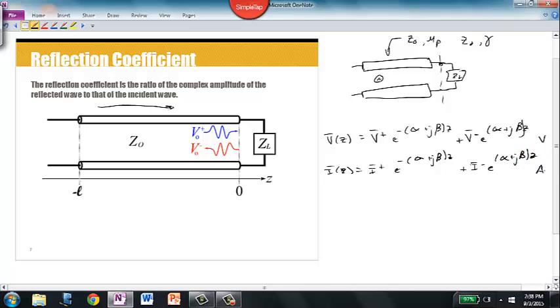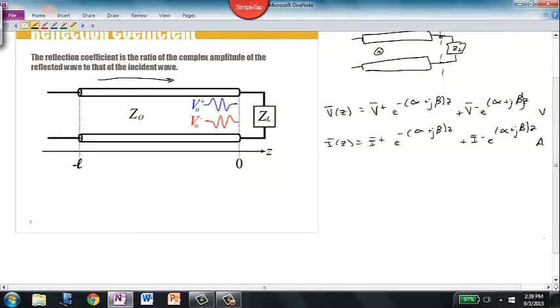What you'll recall from this is that this is the total forward traveling wave going this direction. This is the total reverse traveling wave, and we had previously shown that all the voltage and current along a transmission line can be represented by the sum of two sinusoidal functions, one going this direction and one going this direction.